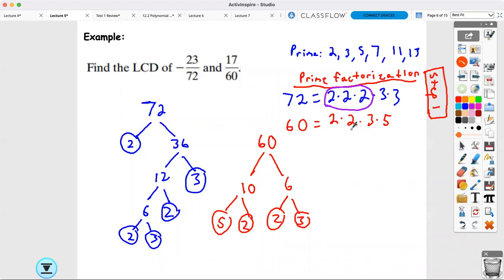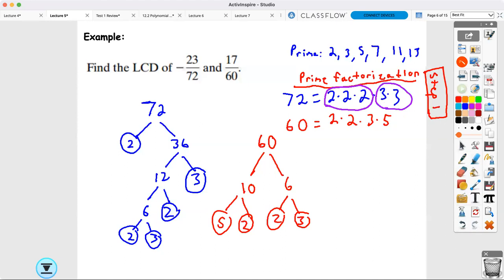Now, since we already circled the one that has the most 2s, can someone tell me which one has the most 3s? The 72 or the 60? We have to have a circle for each different prime factor. So we have a circle for 2s, and now we have to circle the 3s. Which one has more 3s? 72. So circle those 2 3s, class.